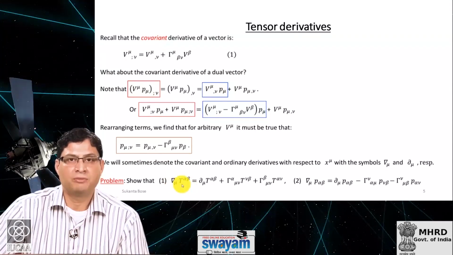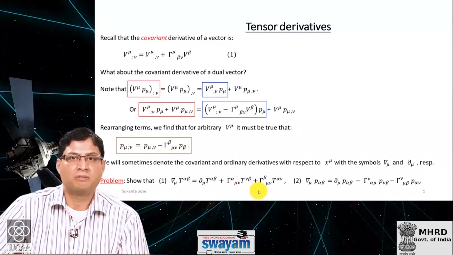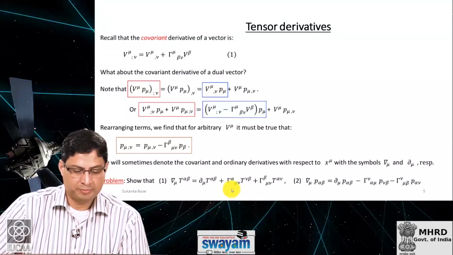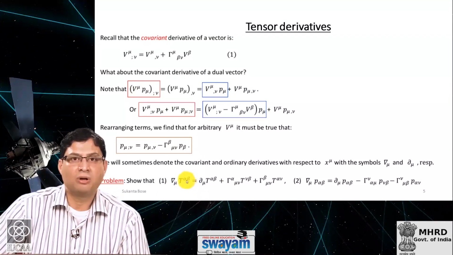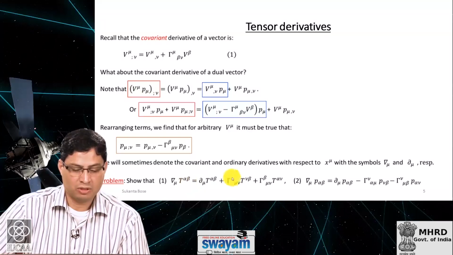So, the covariant derivative of this double indexed quantity T alpha beta, which is a 2-0 tensor, is just the ordinary derivative of T alpha beta plus there are two terms involving Christoffel symbols now. Okay, the first one has alpha as a spectator. Okay, it is the second index on our tensor beta that is retained by that tensor.